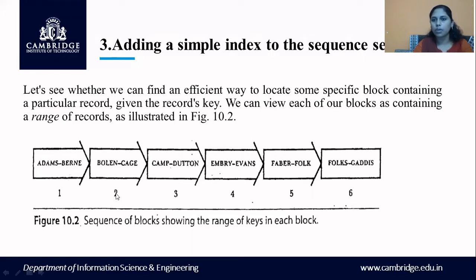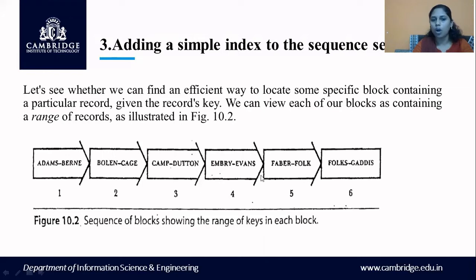So in block number 2, the range of names that can be stored is Bolen to Cage. So where do I store the record Box? If I have to add a record called Box, in which block do I store it? Obviously in block number 2, because the range is from Bolen to Cage. So to add a record called Box, I have to consider this particular block.